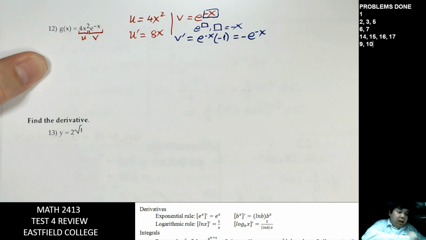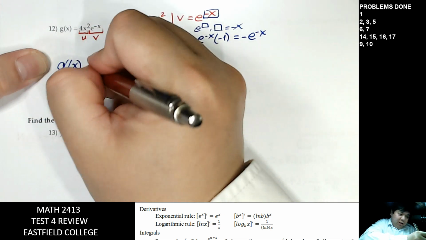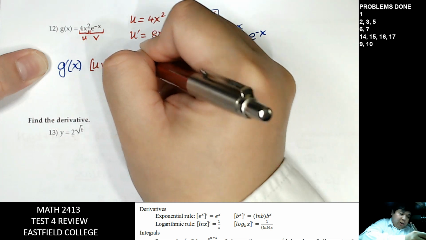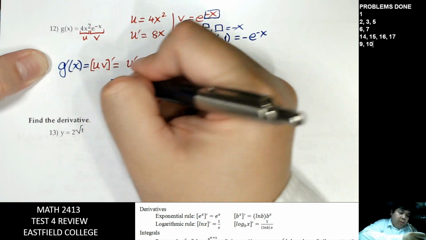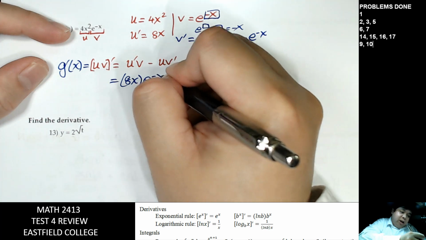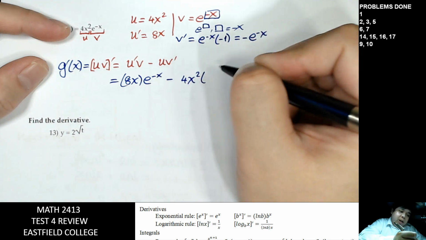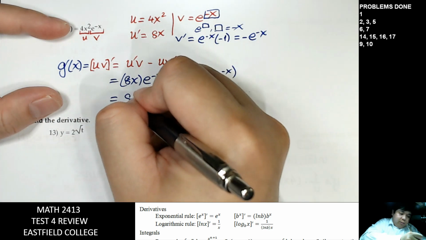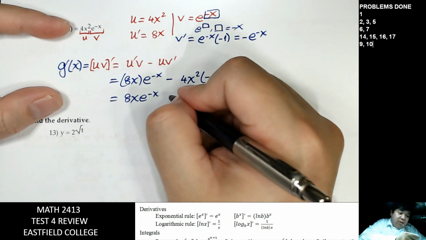And then the product rule: u prime times v, plus u times v prime. Minus a negative turns into a plus.